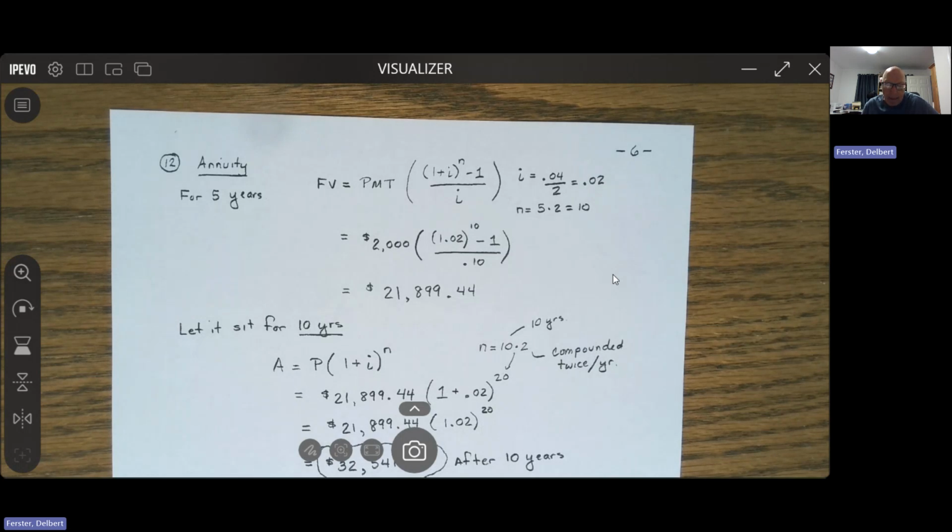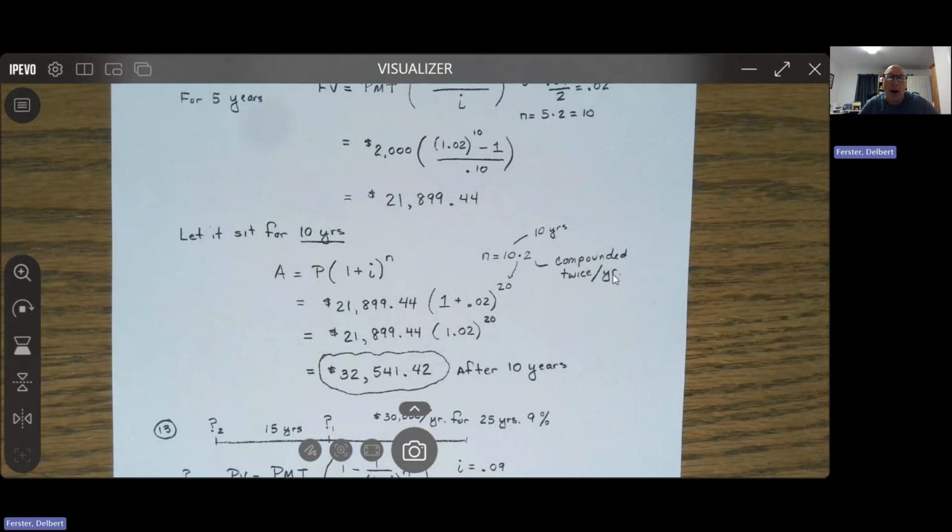All right. So the problem says after that 10 years, how much would be in his account? So as we move to the second part of this problem, the $21,899.44 serves as a one-time investment, if you will, a present value, and then that's going to sit for 10 years.